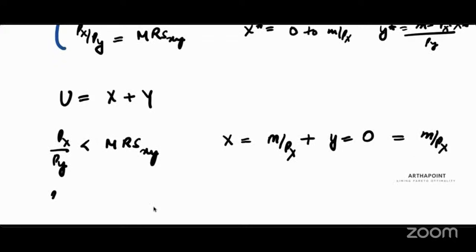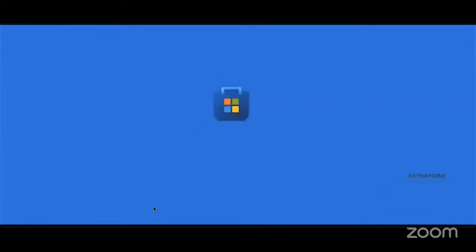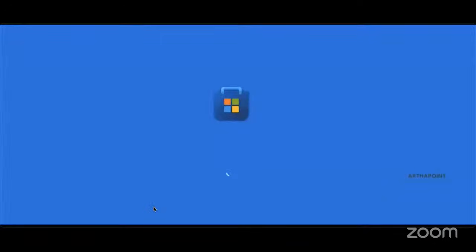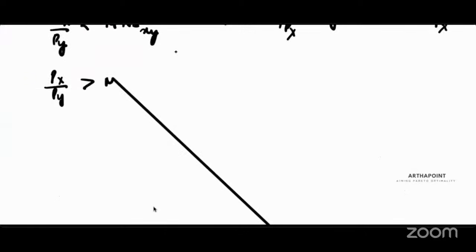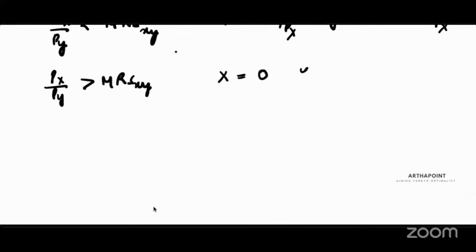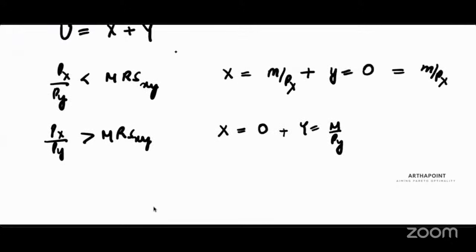When you had Px by Py greater than MRS XY, in that case your X was 0, your Y was M by Py, so your utility, which is the sum of these two, will be simply M by Py.